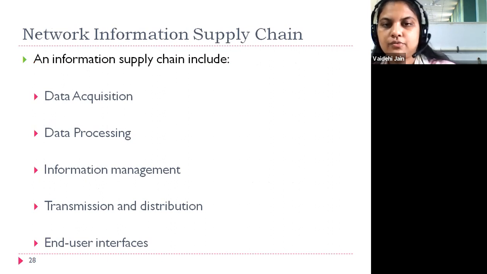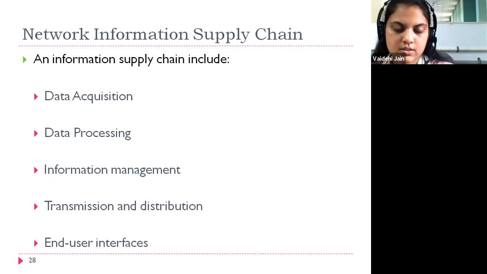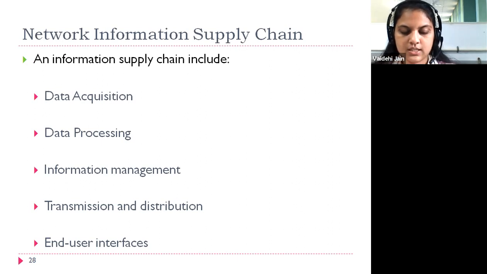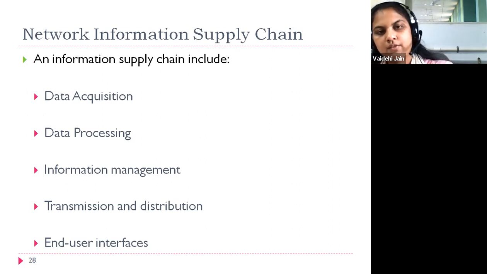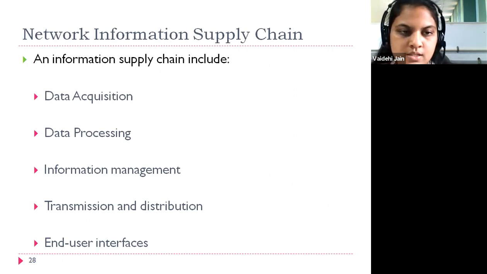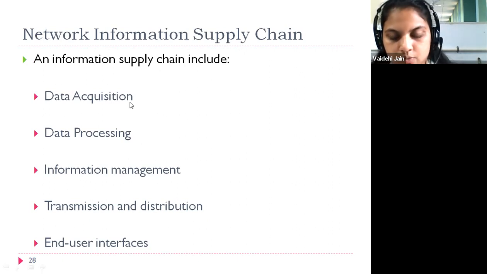Now the next section is the network information supply chain. You have network data. Now you understand what traffic monitoring is. Then the data supply chain has these parts. The first step is data acquisition.